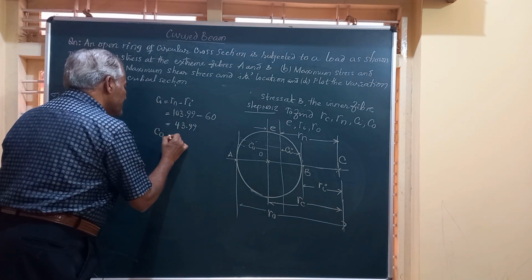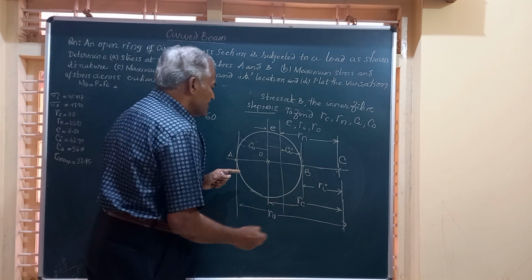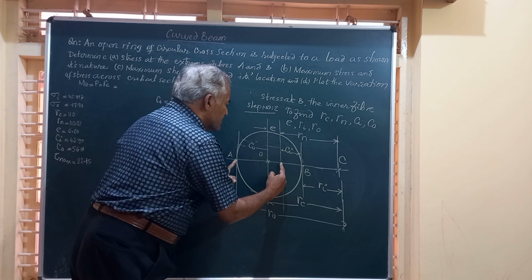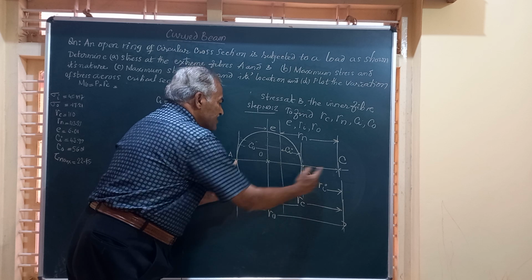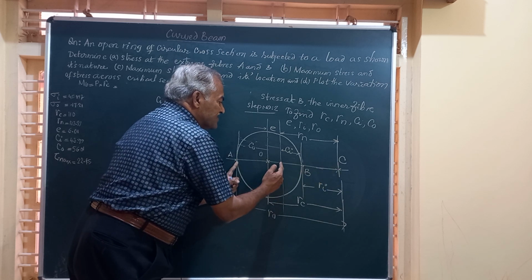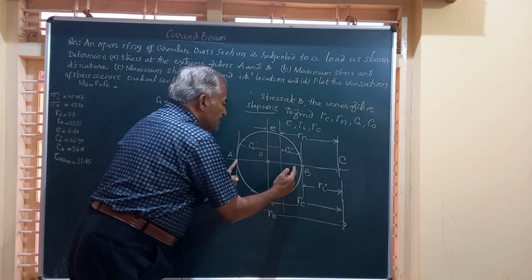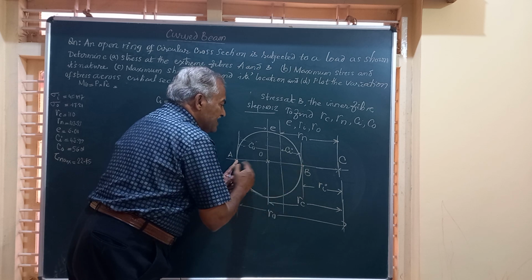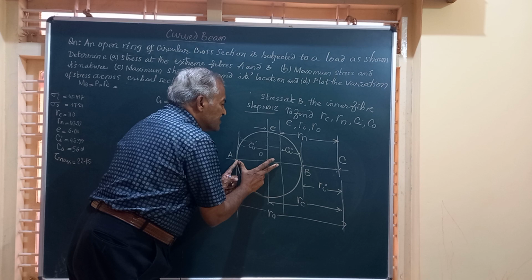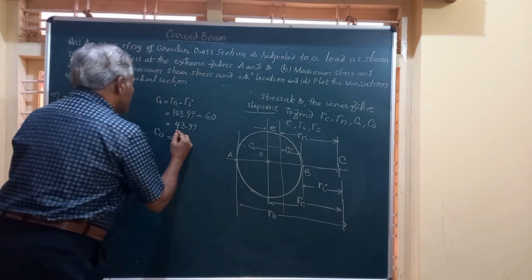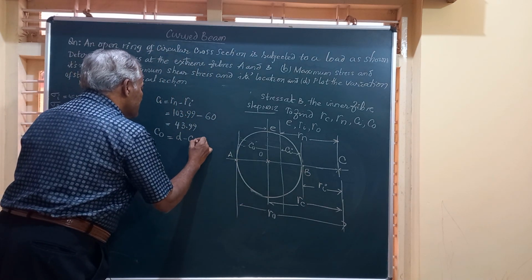Then C naught. What is C naught? It is from the neutral axis to the outer fiber. That is nothing but R naught minus Rn. Or you can say the total is small d, and if you subtract Ci, you will get this value. This is d minus Ci.